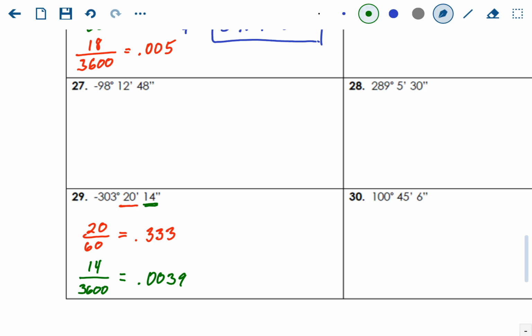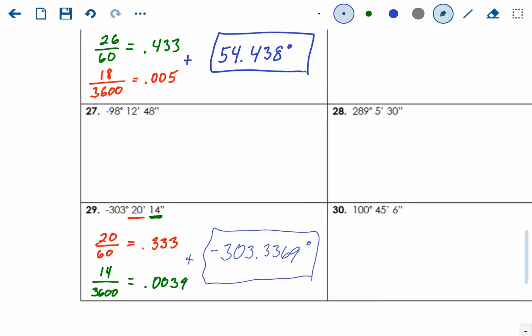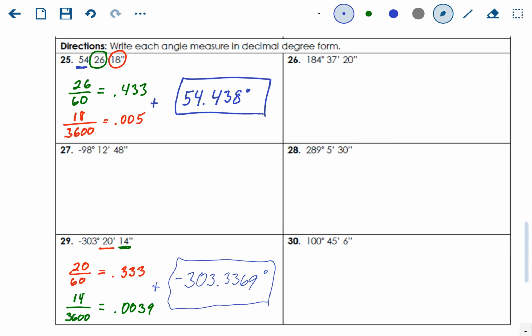And then for your final answer, you're going to add these together and put it after the full degree. So it's negative 303.3369 degrees. And that's going to decimal degrees.